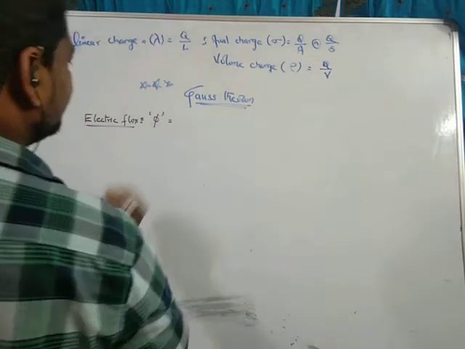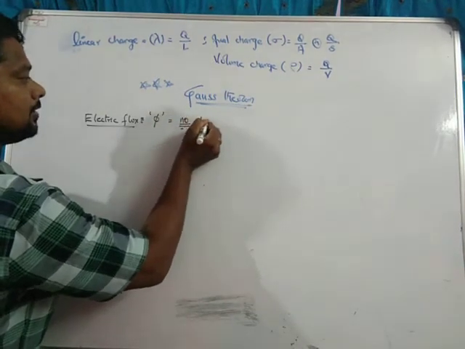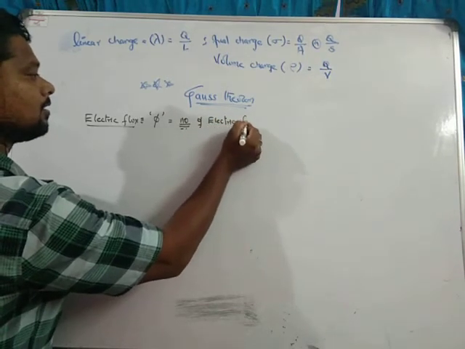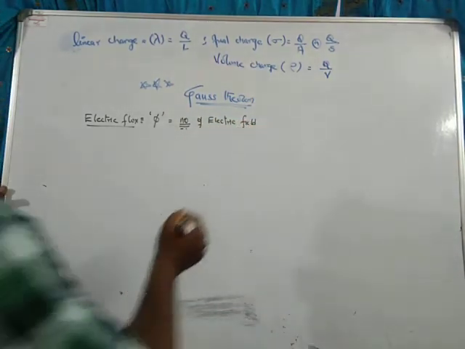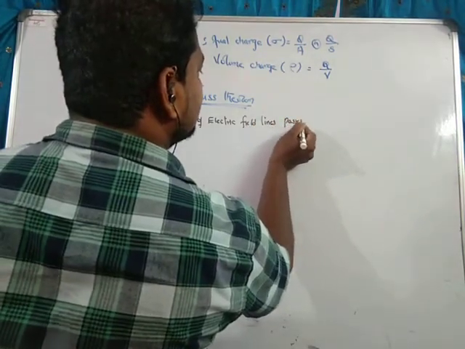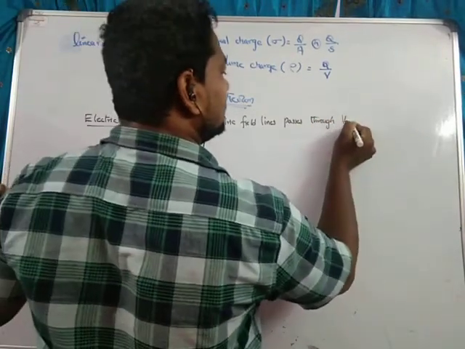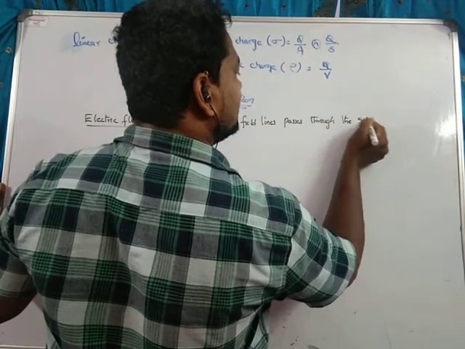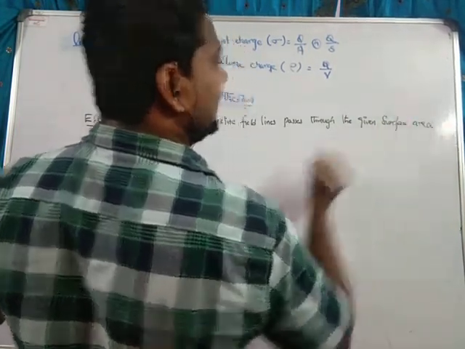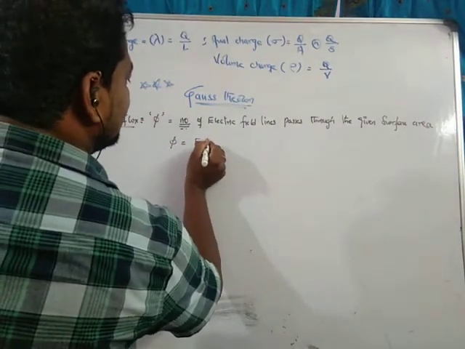The definition of electric flux is the number of electric field lines passing through the given surface area.